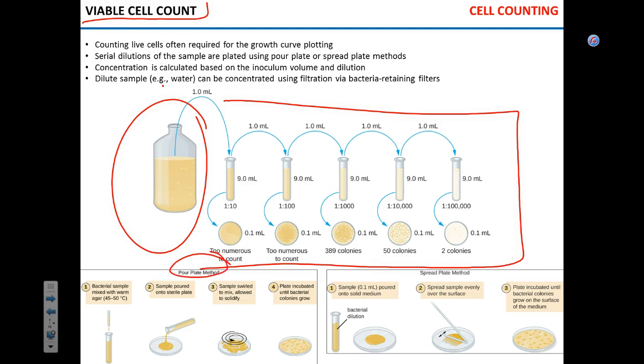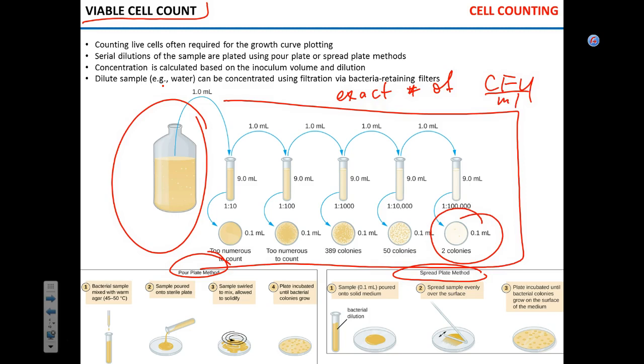You don't have to use a pour plate, you can use a spread plate. But the point is, you prepare serial dilutions, you put them on the plate, you count the colonies, and you get an exact number of, well, colony forming units per mil.